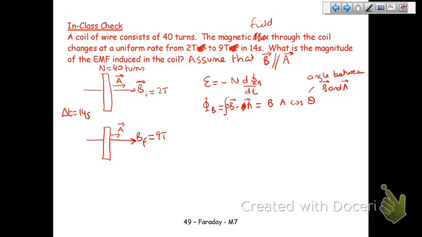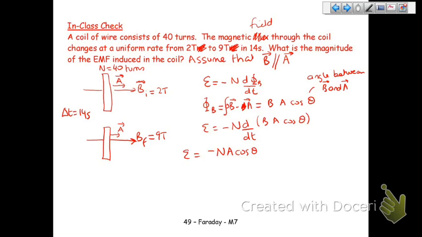So put this in. E is equal to minus N d by dt of B A cosine theta. And I know that in this case, let's take out our A, because our A is not changing. And let's take out our cosine theta, because our cosine theta is not changing.